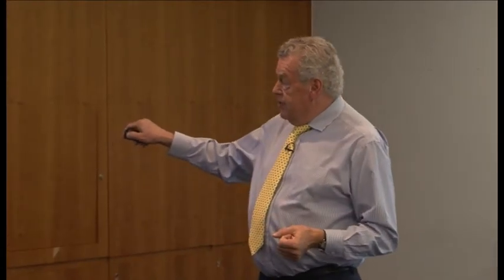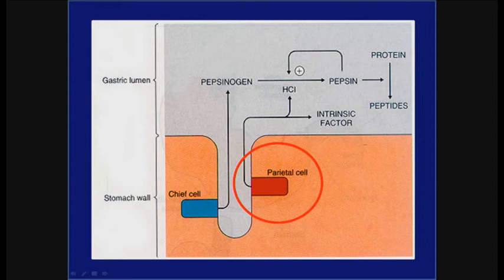So the hydrochloric acid comes from the parietal cells. So this is the cell which produces hydrochloric acid. But this parietal cell also produces a substance called intrinsic factor, which its job is, again, it's a peptide, and it locks onto vitamin B12.